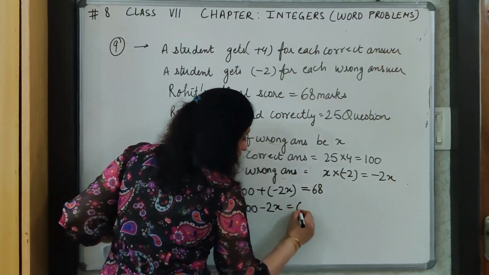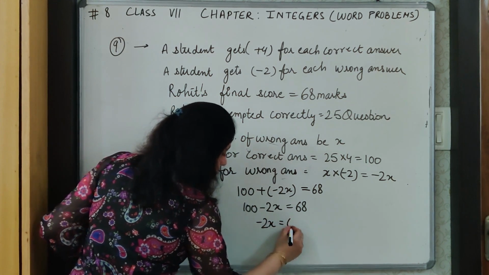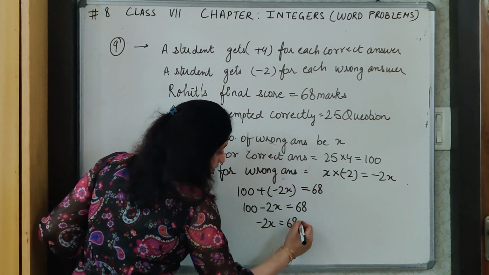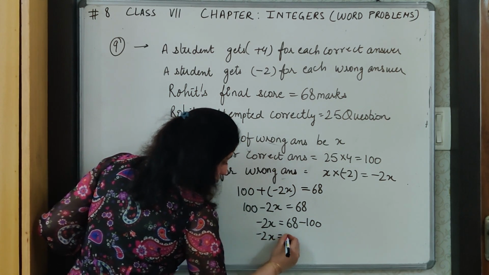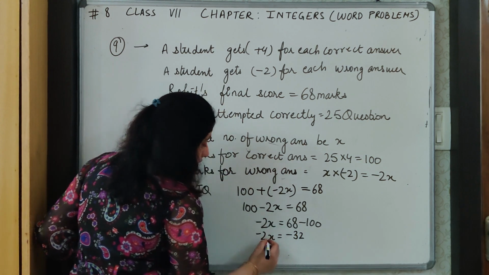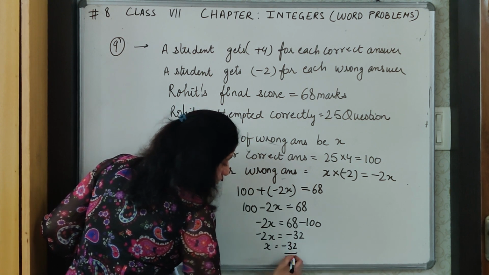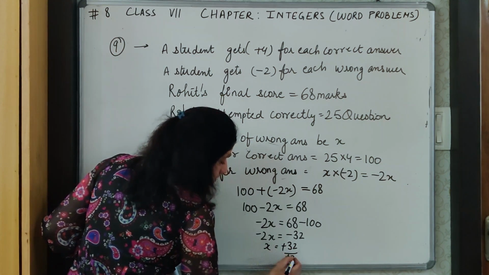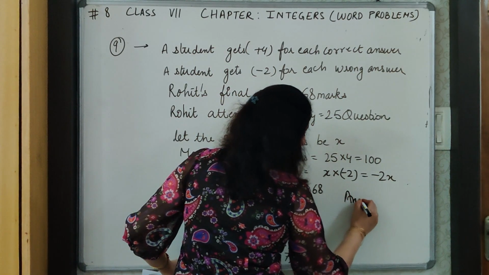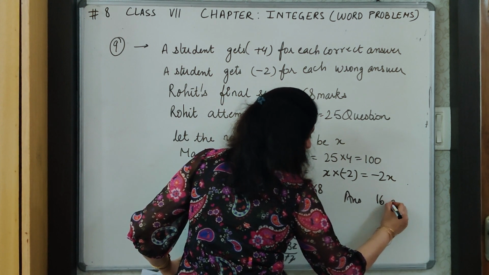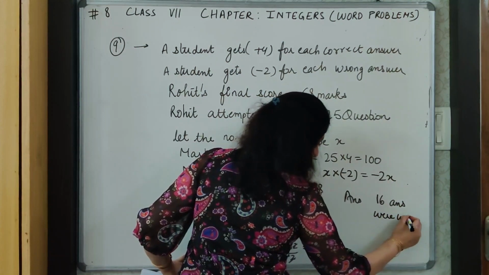Taking 100 to that side, -100, -2x is equal to -32. Then x is equal to -32 upon -2, plus and minus go, and I get 16. So the answer is 16 answers were wrong.